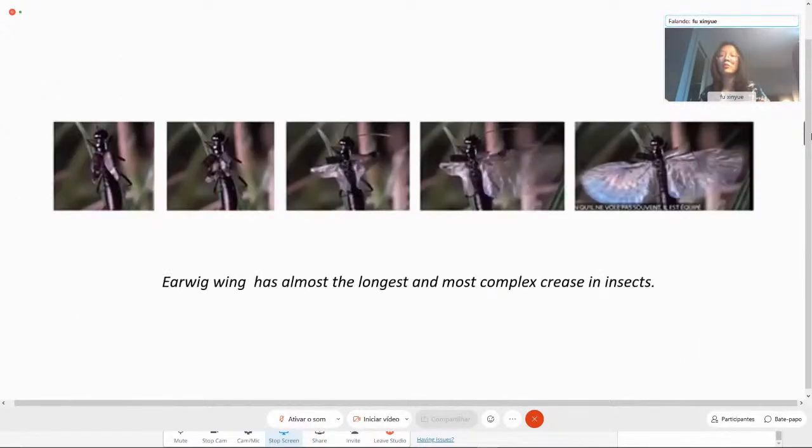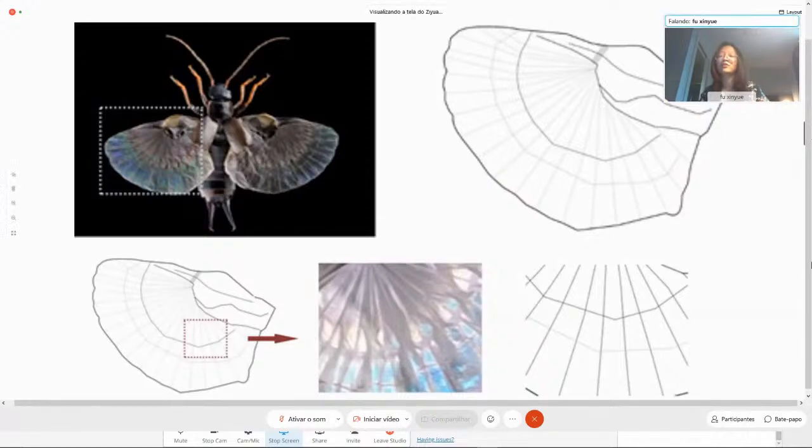When we came to hind wings, the insect which has almost the longest and the most complex wings in insects, we want to know how it ensures that its wings unfold smoothly when it opens. So we enlarge the structure of its folded part, especially the part where the peak and valley lines intersect.